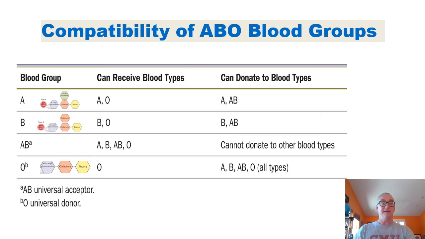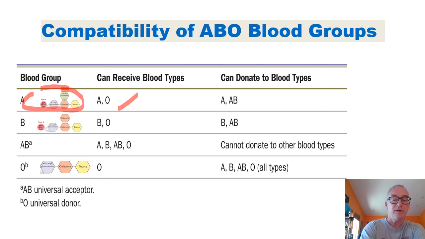So to wrap things up, A has this particular group with NAG on the top. So it can receive other A, and everybody can accept O. And it can donate to A, and it can donate to AB. If you have B, you have galactose on top of the universal 3.